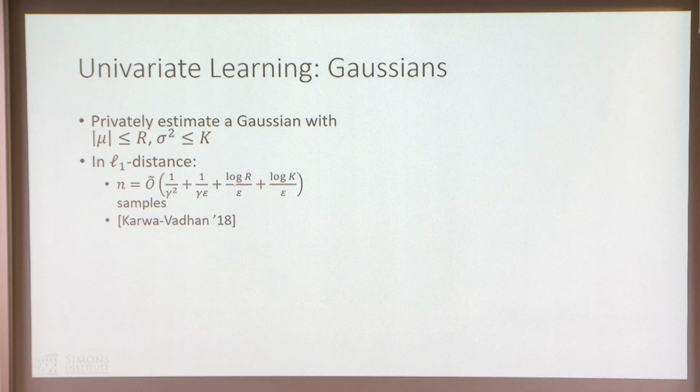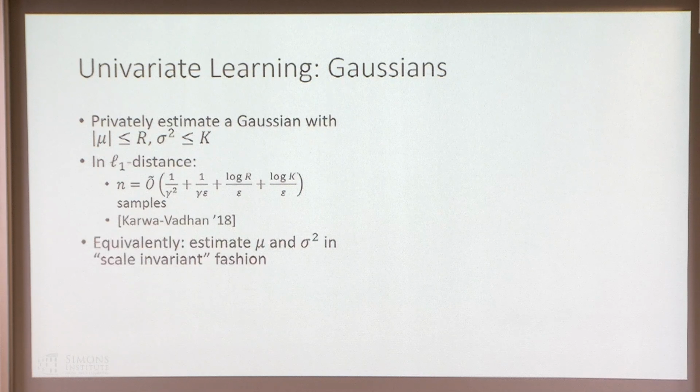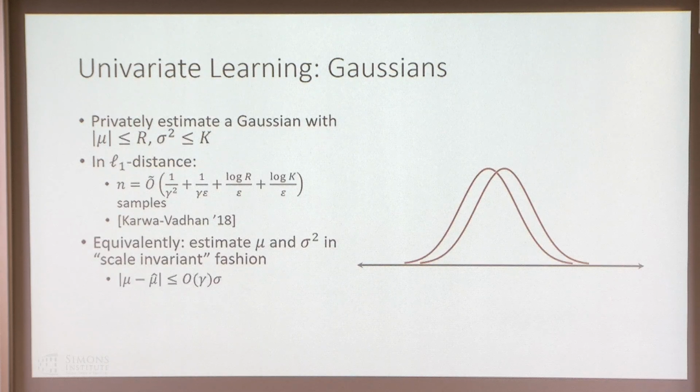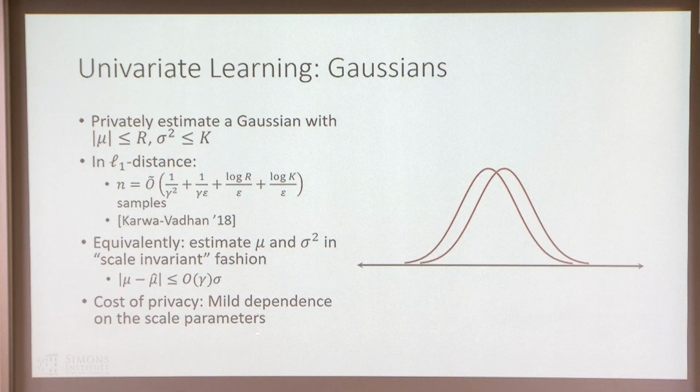But now we have interesting new terms, which depend on the scale, position, and range of the data. We really need bounds on the domains, on how big the mean and the variance are. And this lets us estimate an L1 distance. I won't get too much into this. But the cost of privacy here is really mild in terms of the scale parameters, though it is something that wasn't there before, and we've now introduced it due to privacy.